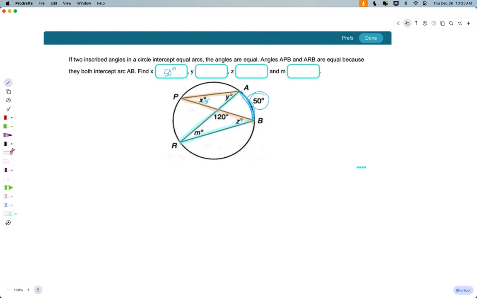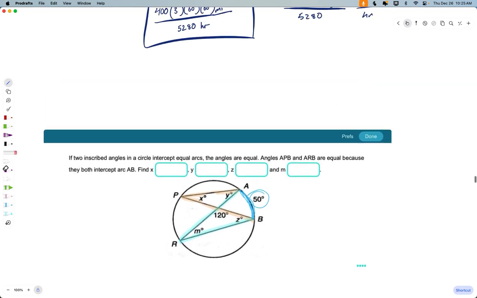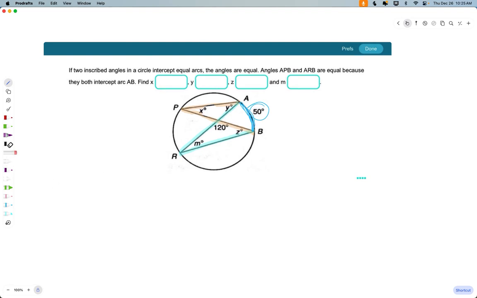Right? Actually, I take that back. It's not 50 degrees. It's half.